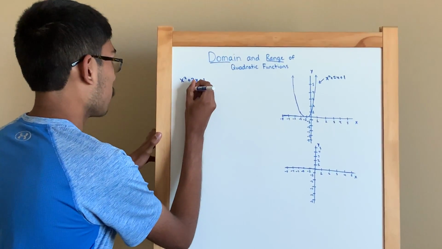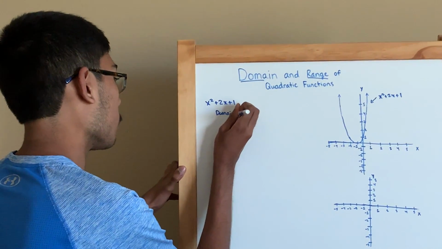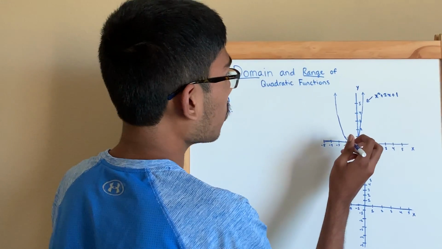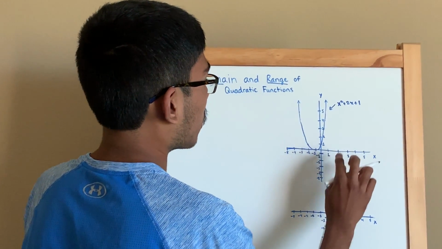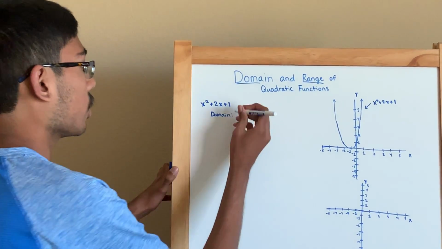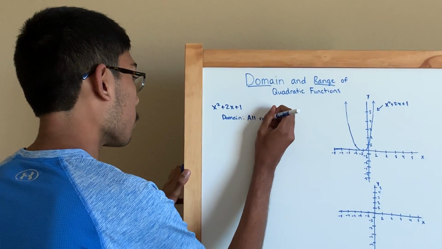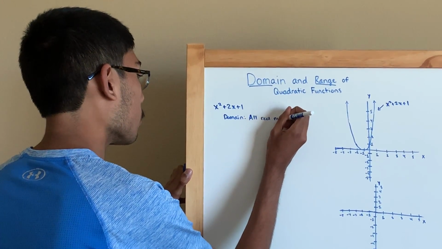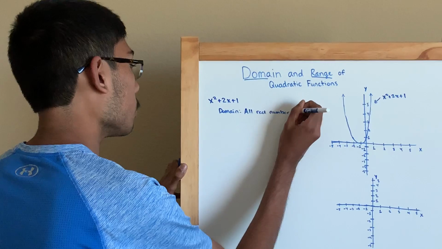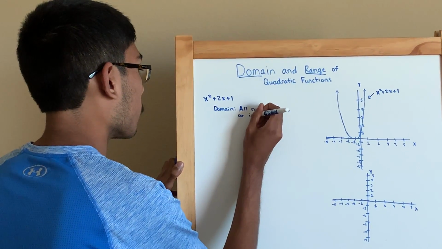So the domain. As you see here, the x values, they don't stop. They don't have an ending point. So we can either write this as all real numbers or infinite solutions.